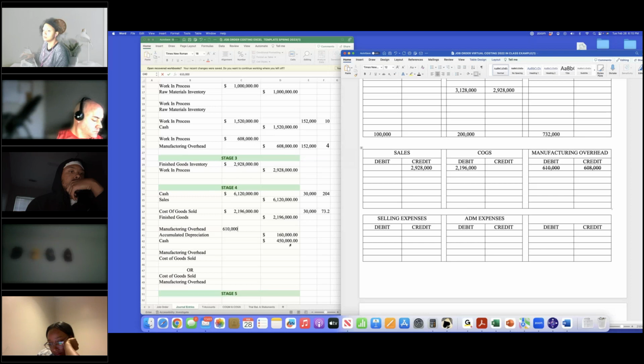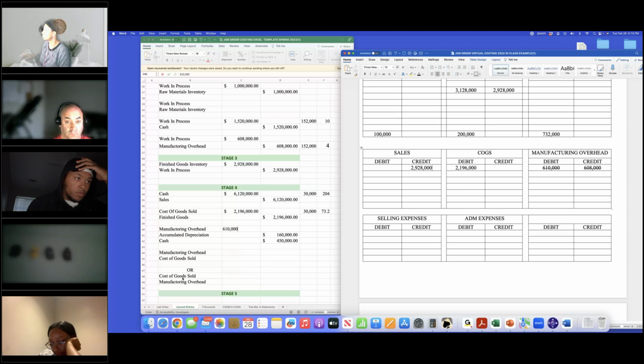So we got the sales, got cost of goods sold. When you don't have enough overhead, you got to make an entry either debiting manufacturing overhead or crediting cost of goods sold if you had over applied, but you under applied, so you got a debit cost of goods sold, a credit manufacturing overhead.